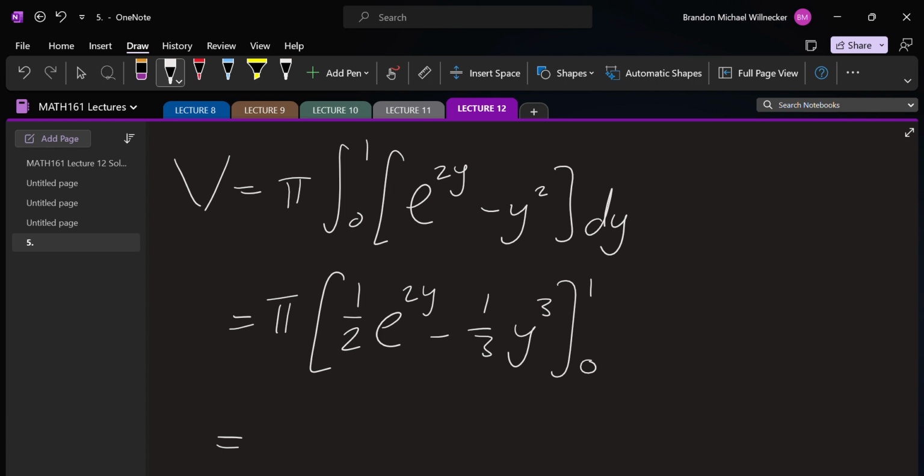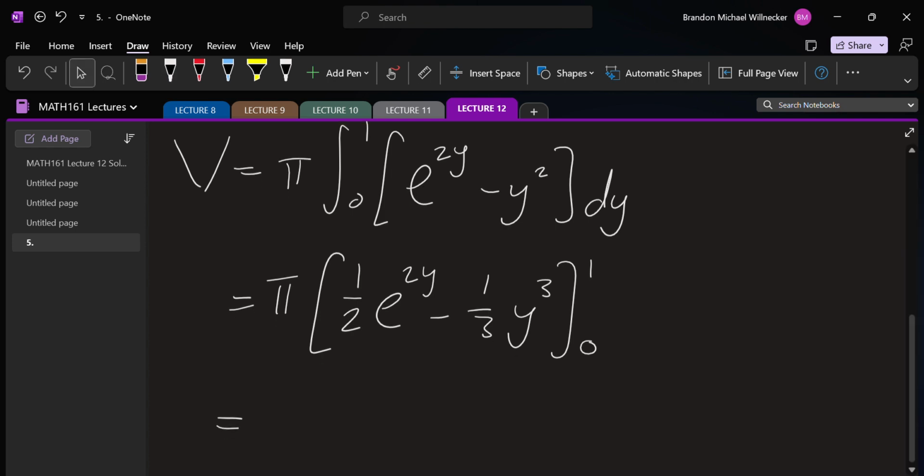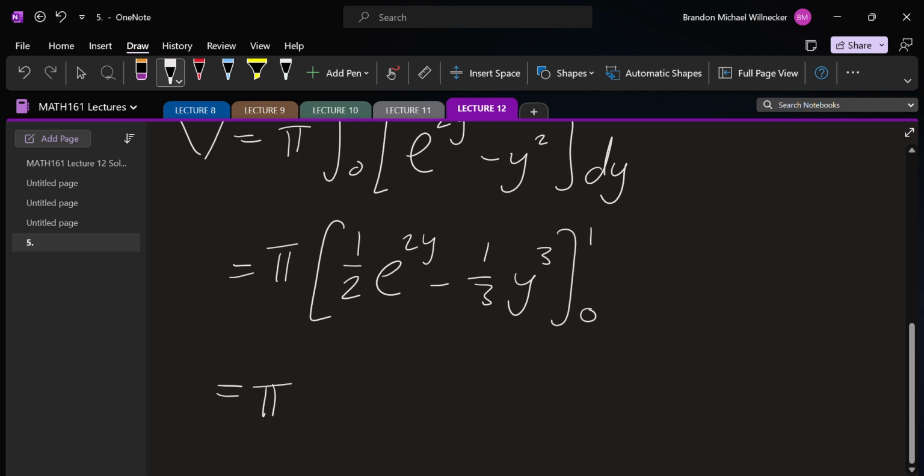not 0. So please remember, when you substitute the top, you get your first bit. When you substitute the bottom, y cubed will be 0. And e to the 0 is 1. Okay, please don't leave that out.